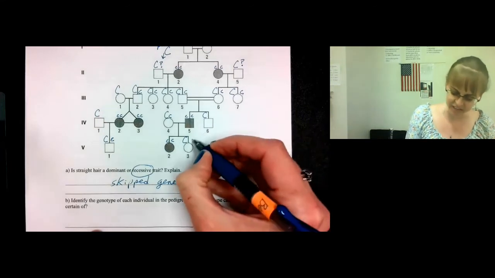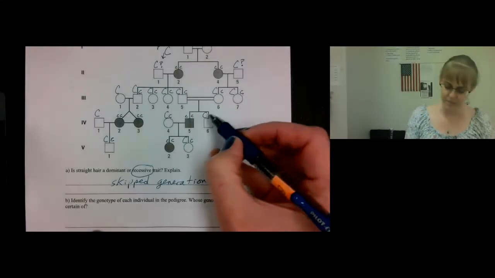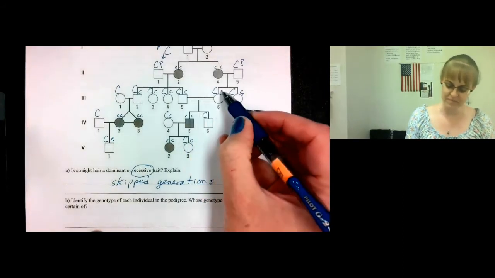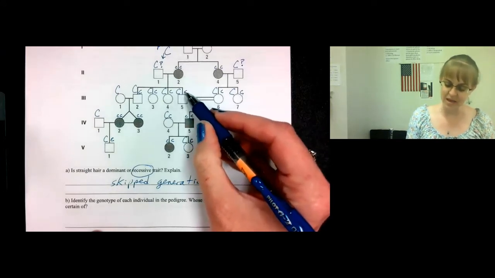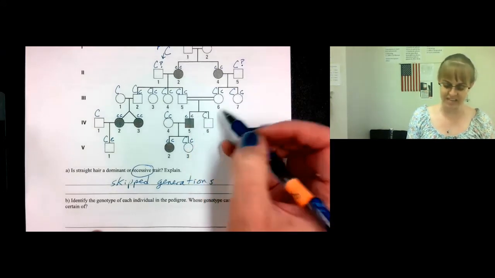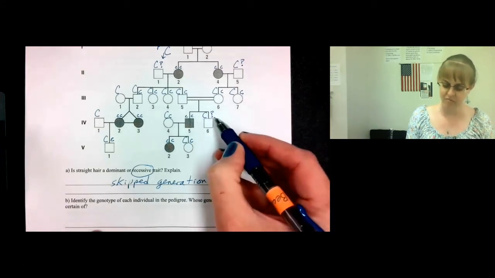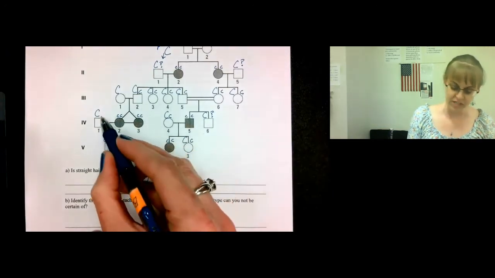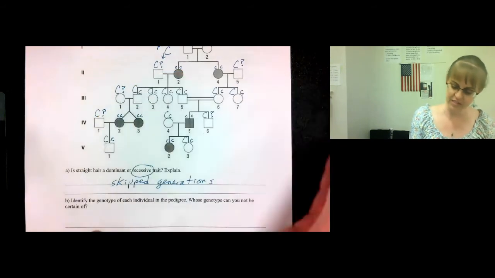They must have gotten the lowercase c from the other parent. And here, we don't know which parent they got the capital C from. And either way, the other parent has a capital or a lowercase that they could have passed on. So we do not know the second part of this person's genotype. We don't know the second part of this person's or this person's.